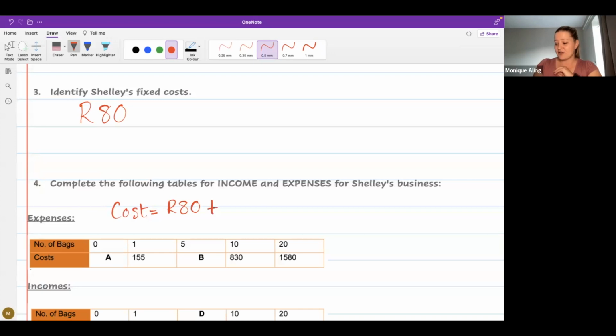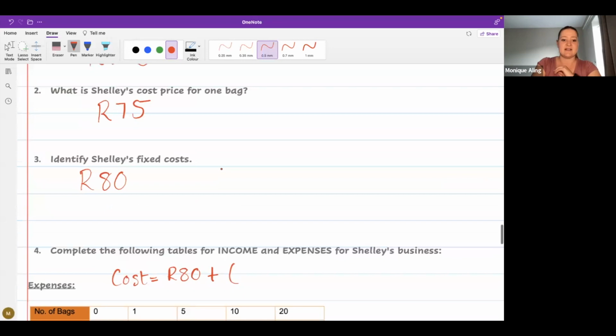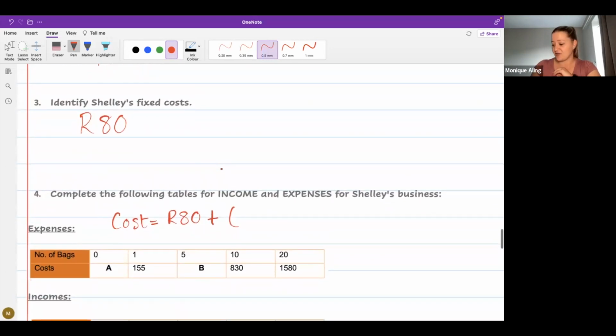Plus, it costs her, what did we say? 75 Rand to make one bag. So it's going to be 80 Rand plus 75 Rand per bag. So I'm going to say 75 times by number of bags.